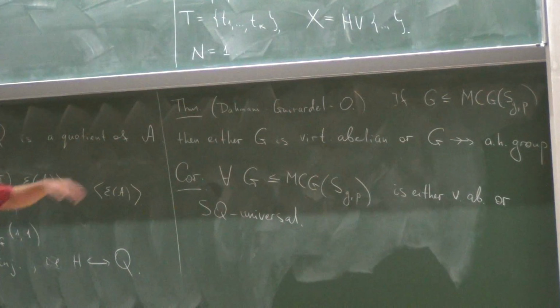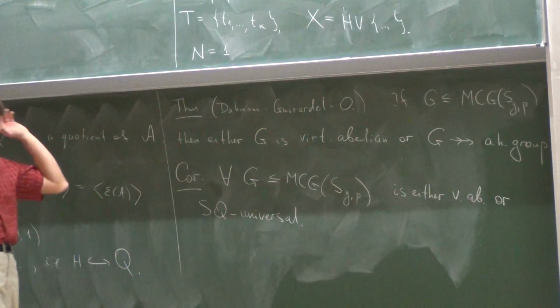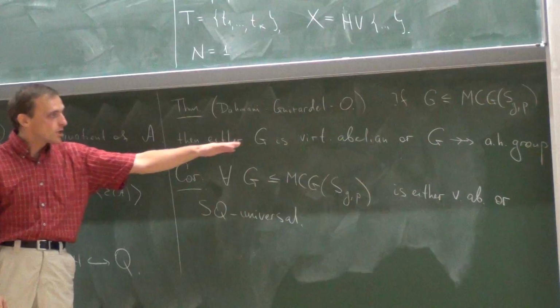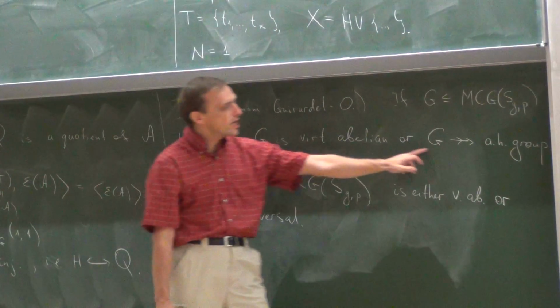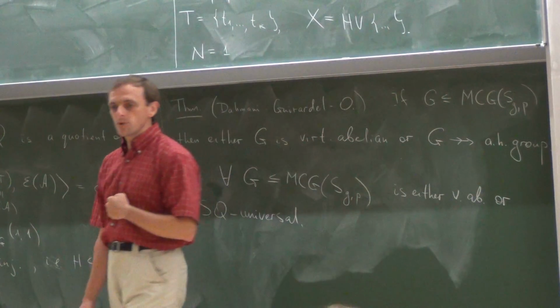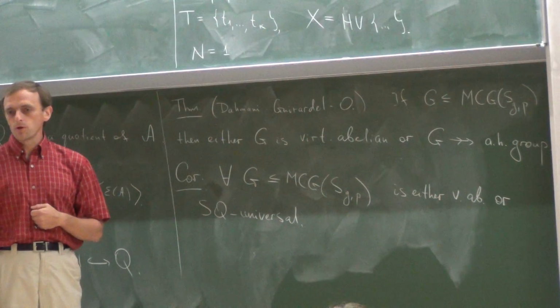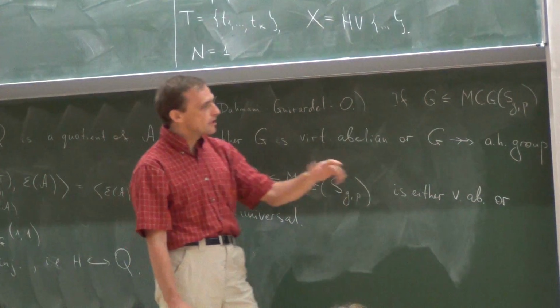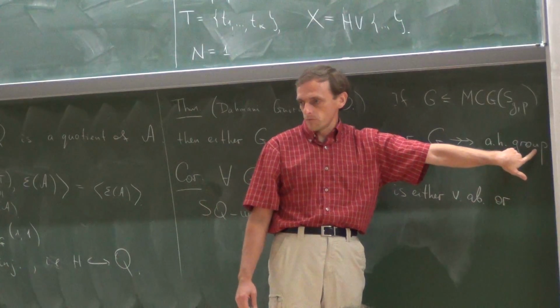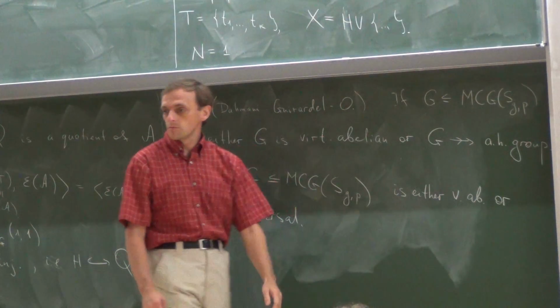Why is that? Because of this theorem and the theorem I just proved. If it's virtually abelian, it's virtually abelian. If it surjects onto an acylindrically hyperbolic group, then it's SQ universal, because every countable group embeds in a quotient of this group, therefore in a quotient of this group, right?